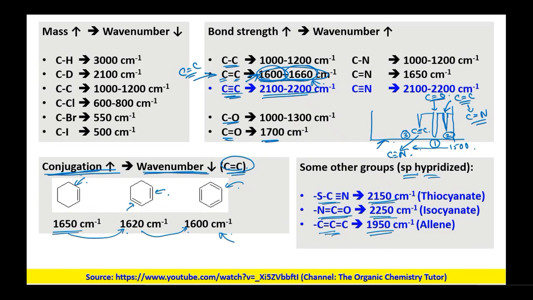So all these sp hybridized carbon atoms show a peak at around 2100 to 2200, with some exceptions. This allene is at 1950, and this isocyanate is around 2250.